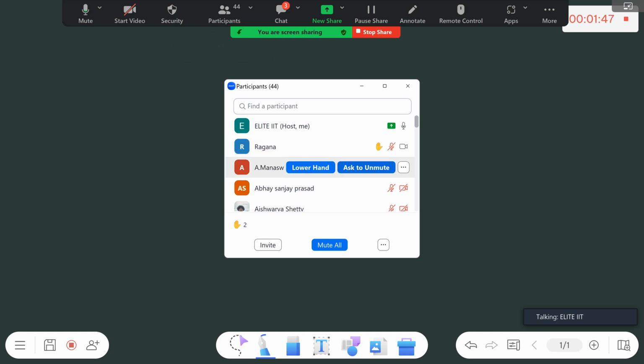Then you can ask, then you can raise your hand. Yes, Manasvi, you can unmute and tell me. How to convert? At the end of the 15 minutes, I'll be showing you.